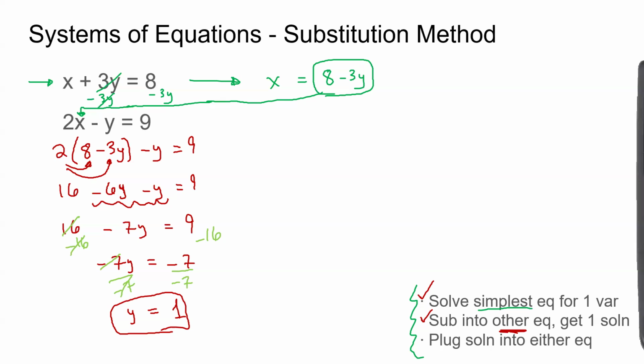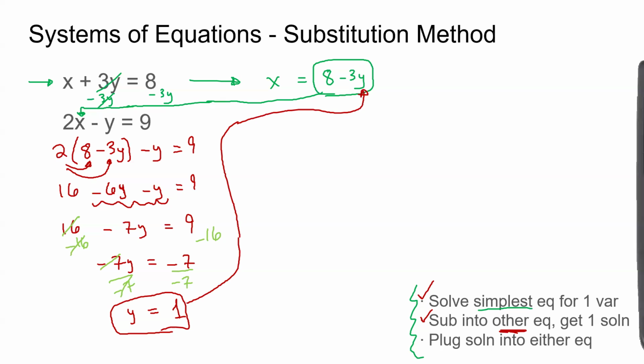All right, once I've got that number, we can move down here to the third step. Plug the solution, this thing that we just got, back in, and you can plug it into either one, but the easiest place would be right here because this one is already solved for x, right?